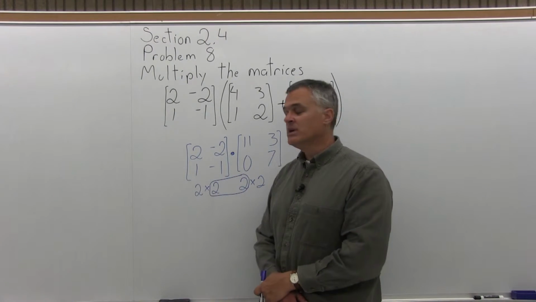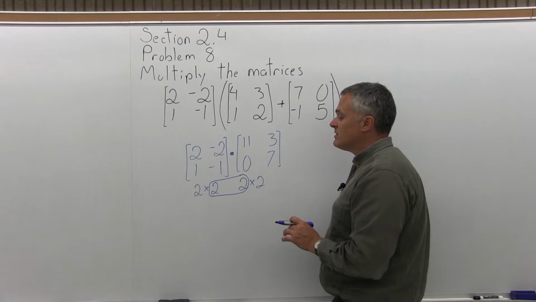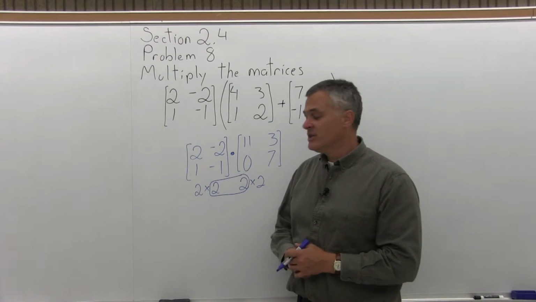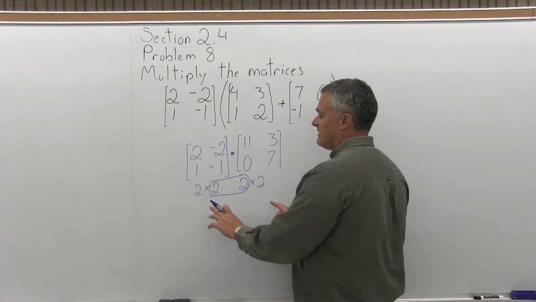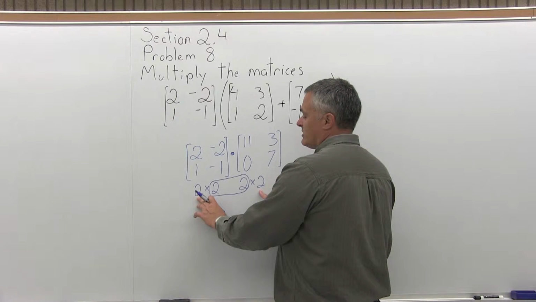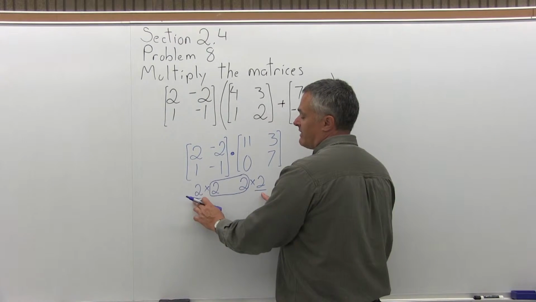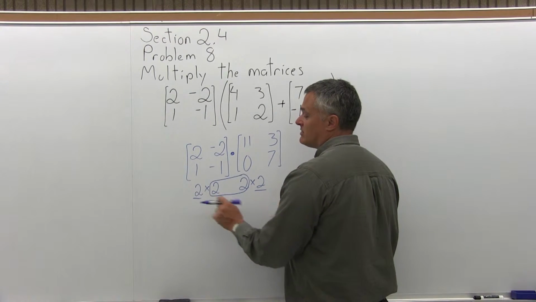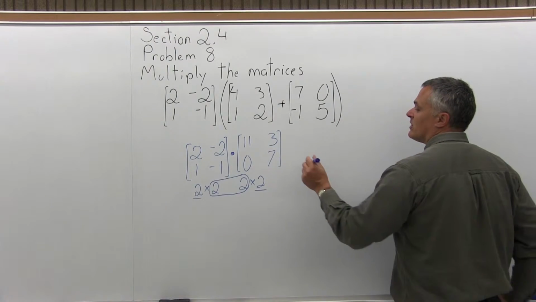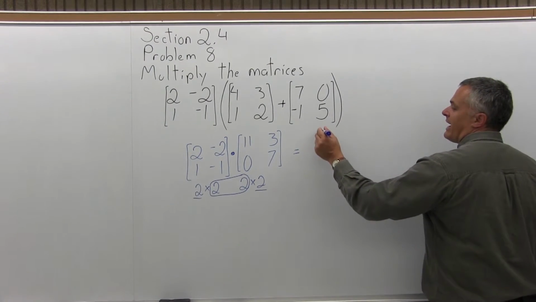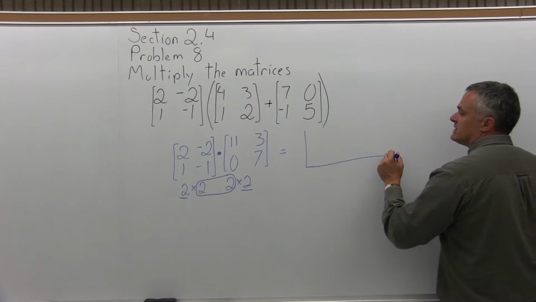Both inner numbers are 2. So because the inner numbers match, there is a solution, and the size of the solution is given by the outer values. So the multiplication has a solution, and the solution is going to have the dimensions 2 by 2. It'll have 2 rows and 2 columns.